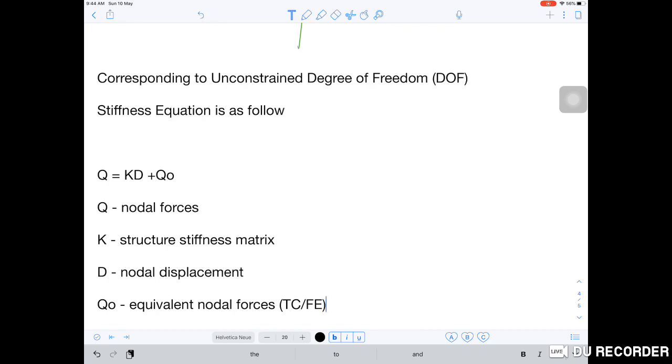Now I want to show how to write the stiffness equation, or the force displacement equation, which is Q equal to KD plus Q naught. For this case there is no Q naught, because Q naught is 0, since no fabrication error is considered in this case. So I want to write the equation now.